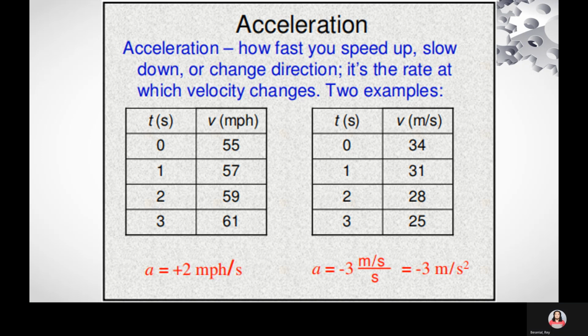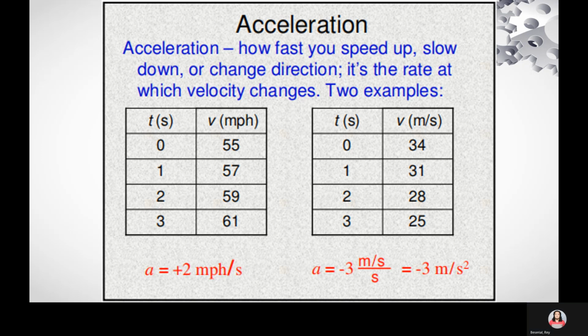Kung ganon, kuha lang tayo ng random points na magkasunod. Meron tayong 57 minus 55 for delta v. So, meron tayong 2 mph.